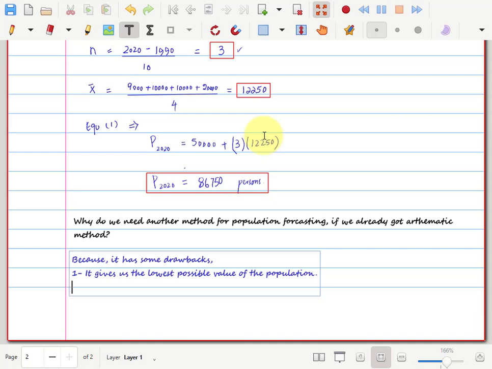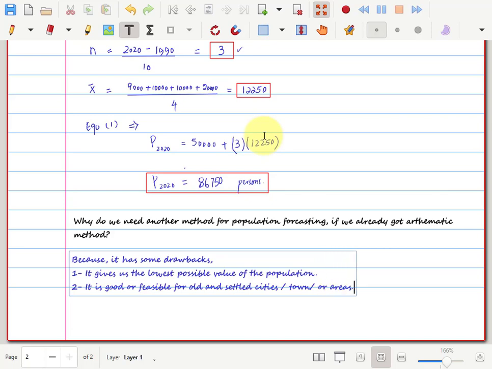The second drawback is that it is good or feasible only for old and settled cities, towns or areas.